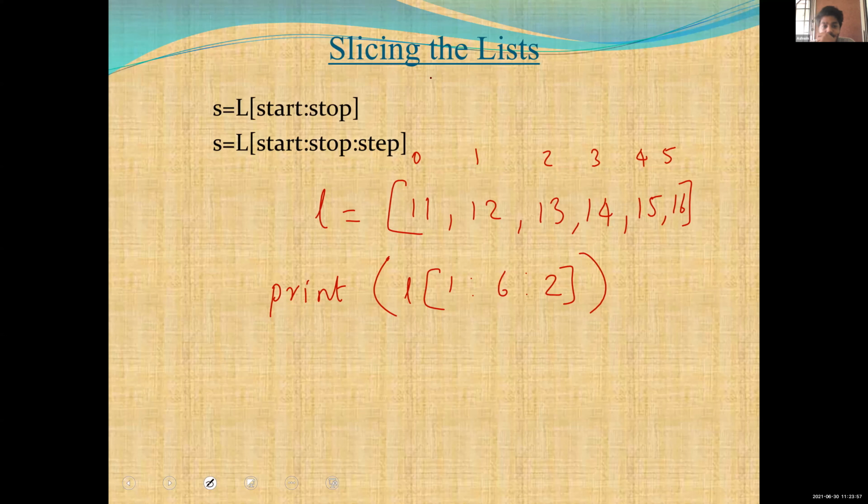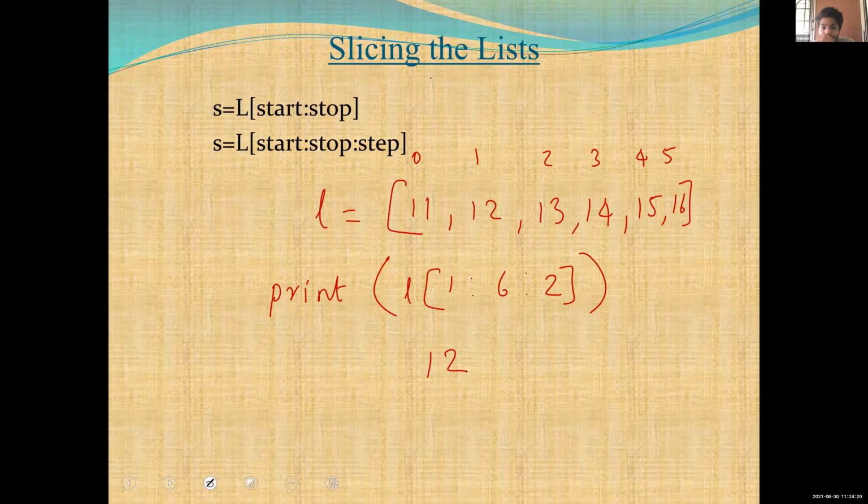Ma'am, 1 is the start value, so the first value is 12. Then 6 is not included, so we take up to the last statement 15. Then what is 2?